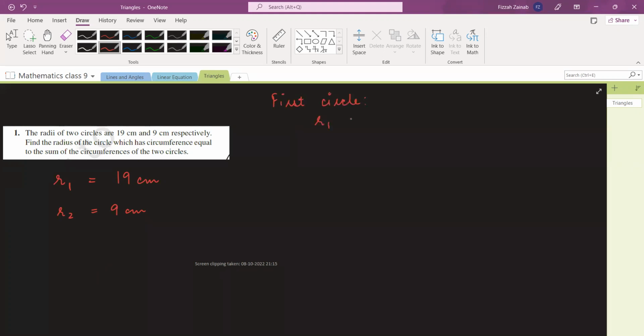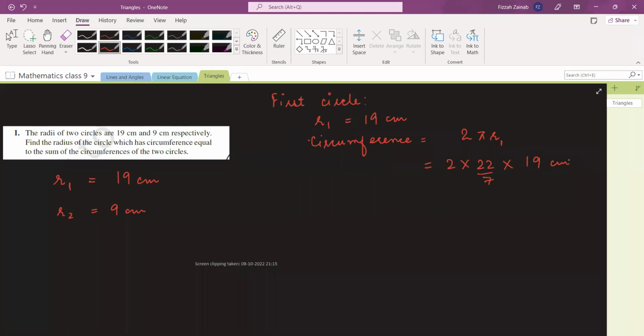So your radius R1 is 19 centimeter, right? So the circumference, the formula is 2 pi r. So 2 pi into R1 you will write, okay, R1. So this is equal to 2 into 22 by 7 into R1 is 19 centimeter, correct?